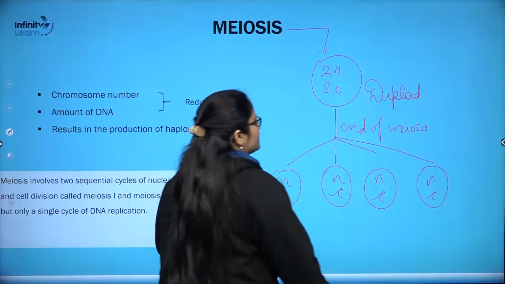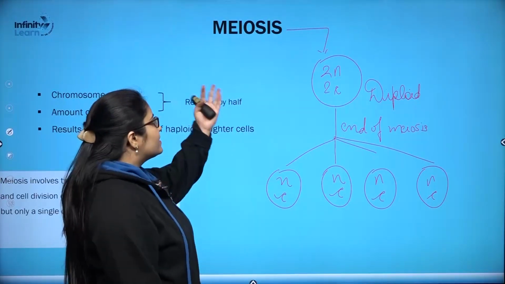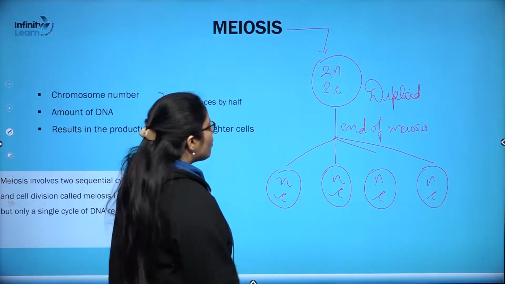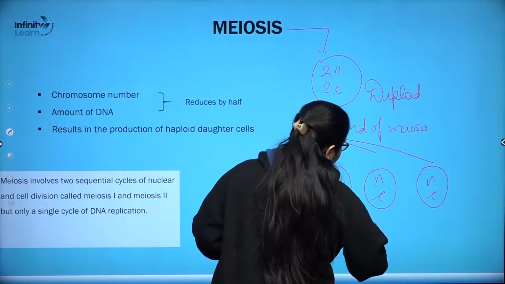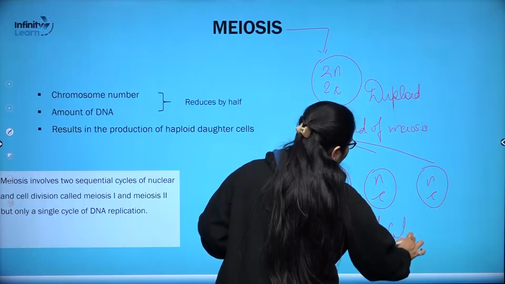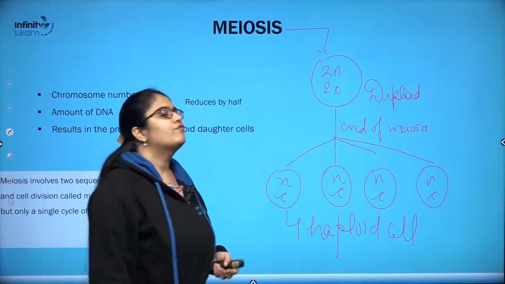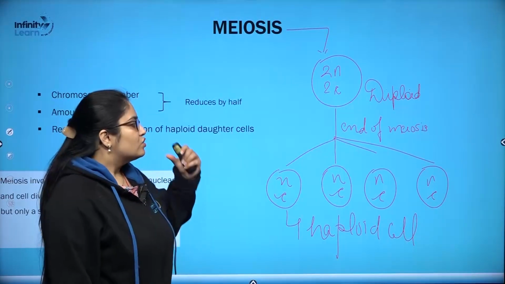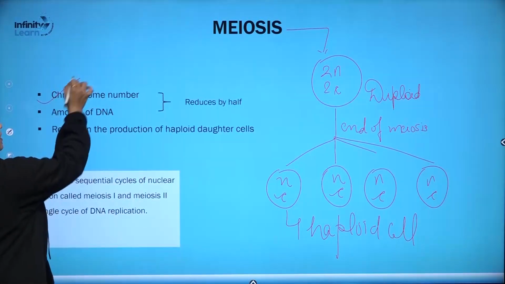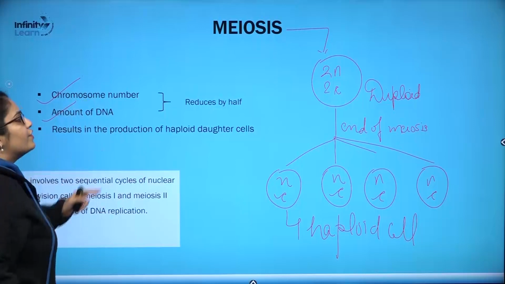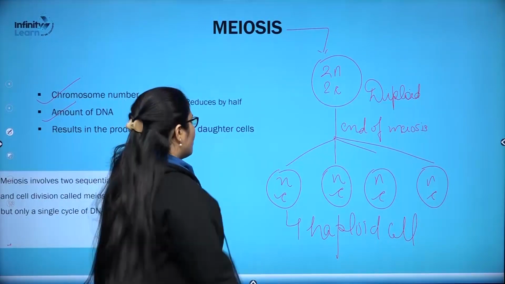So this is meiosis forming 4 haploid daughter cells. That is why we say that during meiosis, the chromosome number and amount of DNA reduce to half in the daughter cells.